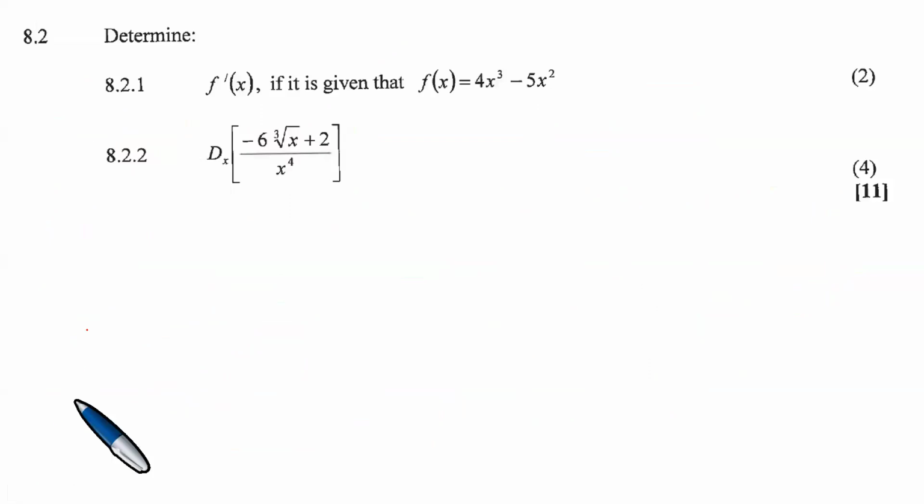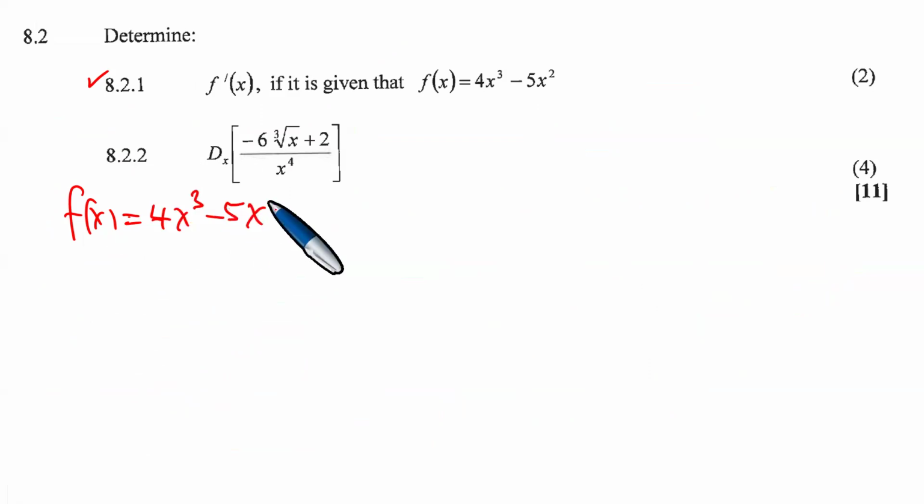So we continue. With 8.2.1, four x cubed minus 5x squared. If you want to get this, we use what you call the power rule.